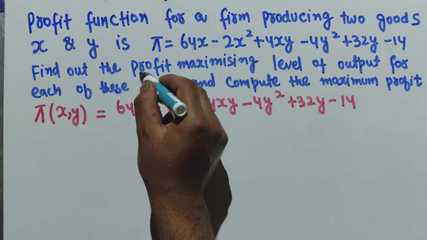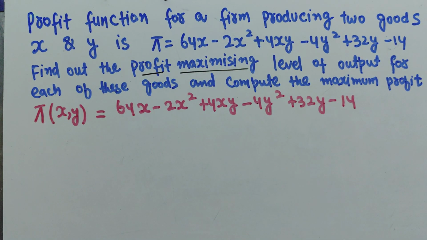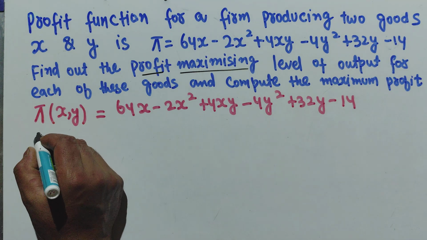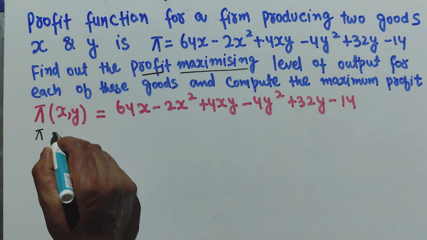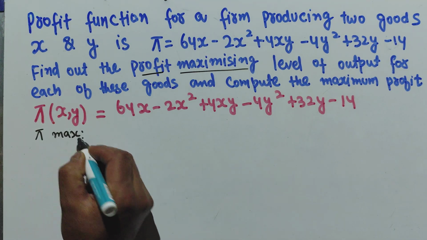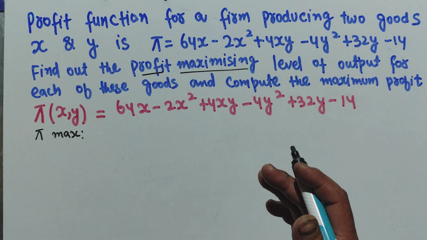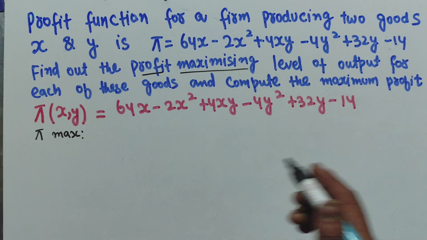Now for profit maximization of each good, what we require is that the marginal profit for each good should be equal to 0.